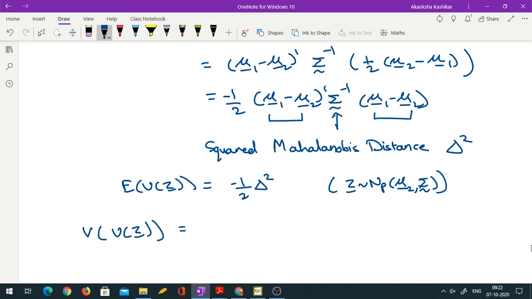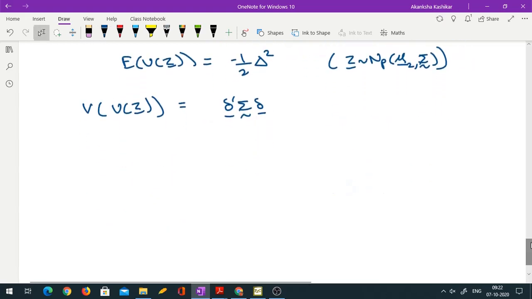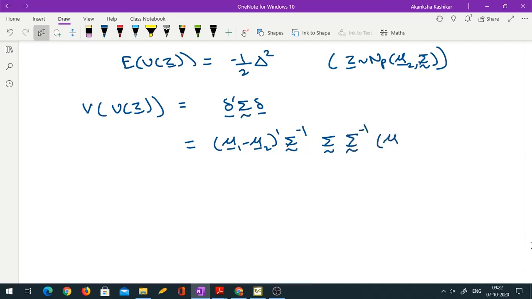What about the variance of uz? Of course, the constant term is not going to contribute. So it would simply be delta prime sigma delta, the variance of delta prime x. So this would become (mu1 minus mu2) prime sigma inverse, sigma as it is, and delta is sigma inverse into (mu1 minus mu2).